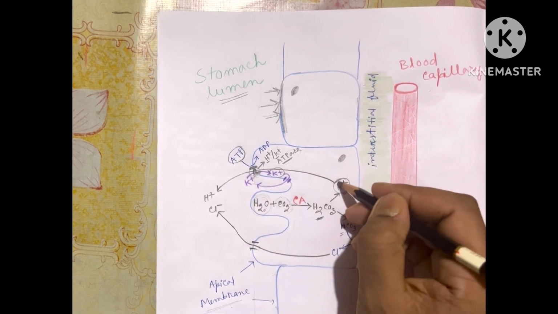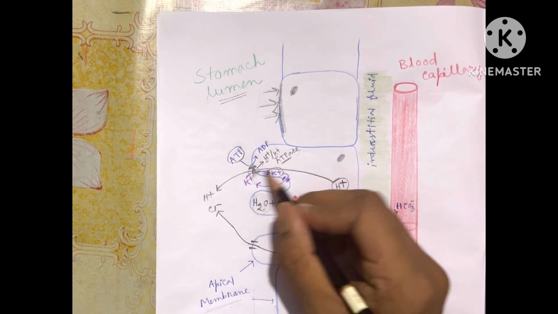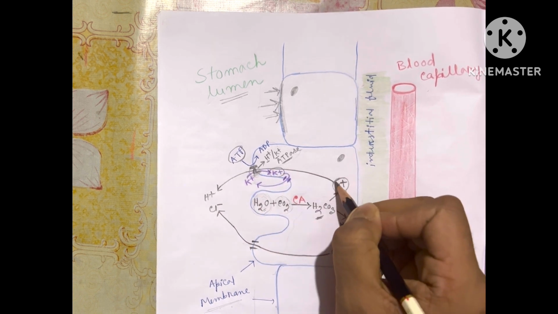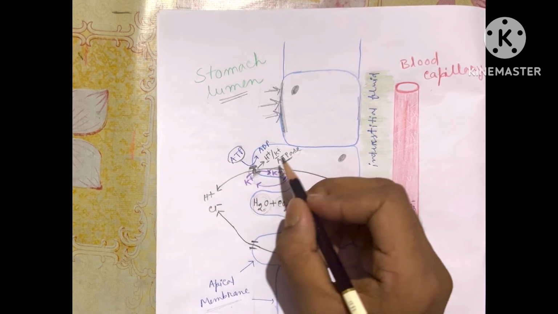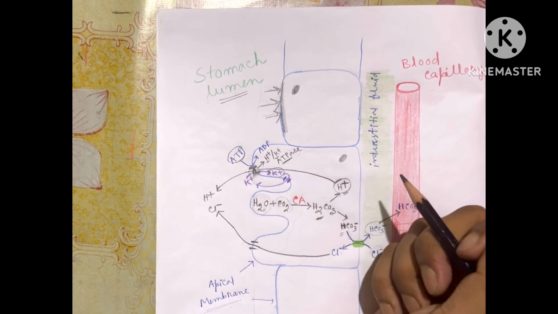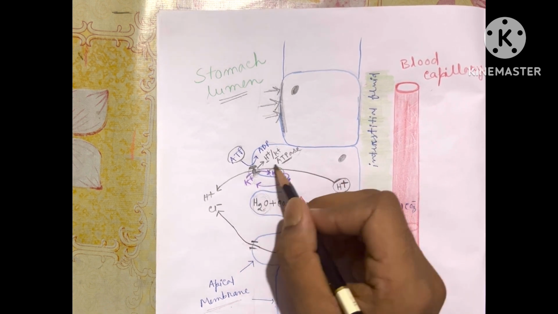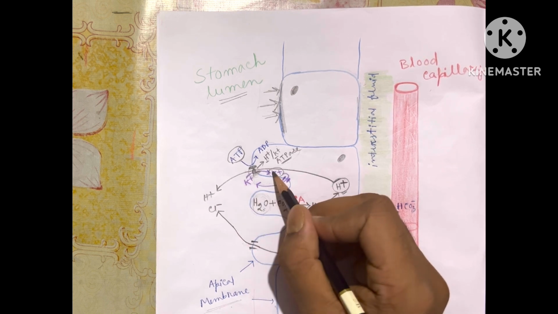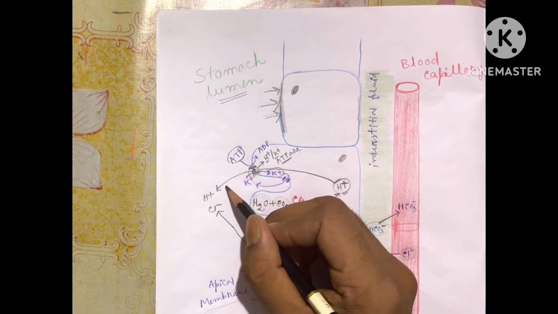So in the next cycle, when another hydrogen ion is pushed out, the same potassium ion will again come in. So there will be potassium rotation. When one single hydrogen ion goes outside the parietal cell, simultaneously the same potassium ion will be continuously rotating inside and outside the parietal cell. So first, this number 1 potassium ion will make an entry inside the parietal cell to kick out one hydrogen ion.